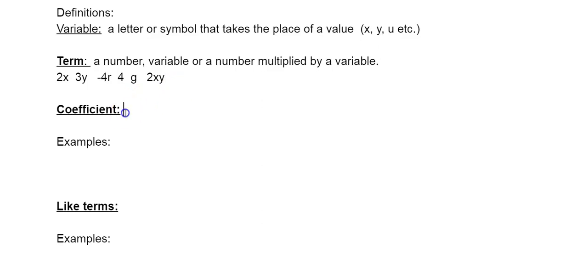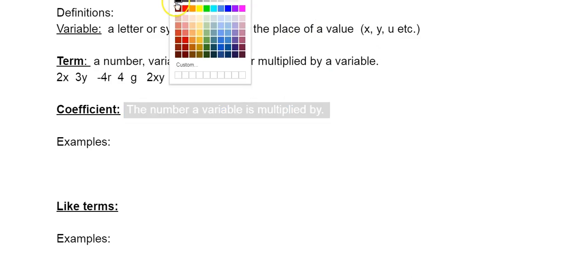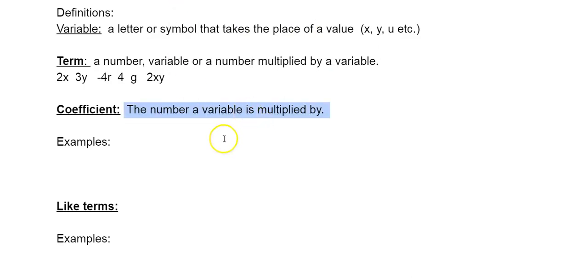A coefficient is, well, that's going to be the number a variable is multiplied by. So if you have 2x, okay, it's going to be the 2.